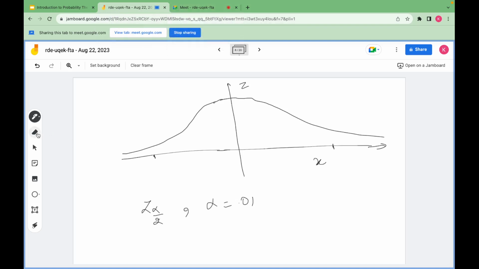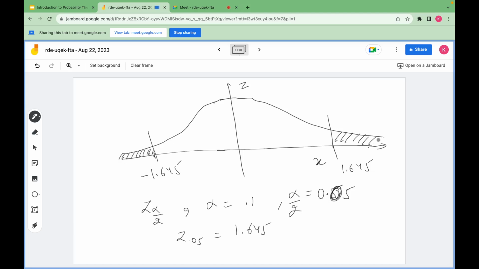This is not 0.01, this is 0.1. Alpha is 0.1, that's why alpha by 2 is 0.05. So this z 0.05 will be 1.645. This value will be 1.645, this value will be minus 1.645. So the critical region is this one and this one.